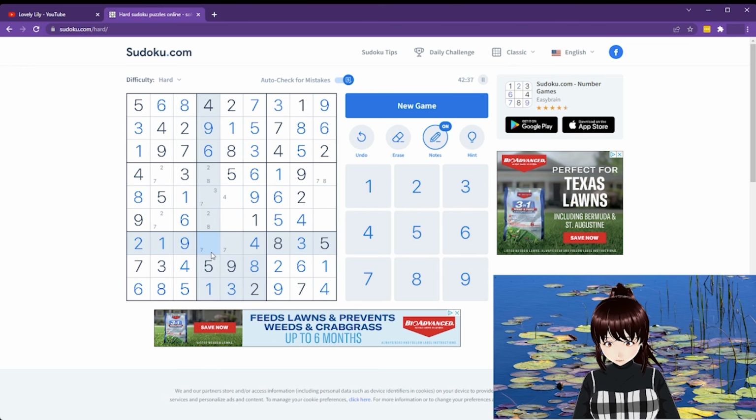So, let's see. 1, 2, 3, 4, 5. And these can be 6 or 7, but that's a 6. So that's a 7. 7! And that makes that a 6. And that makes this a 3. Let's see.